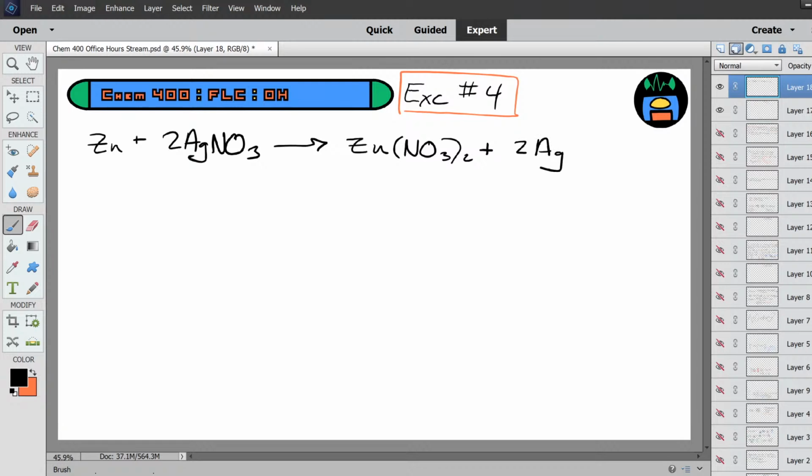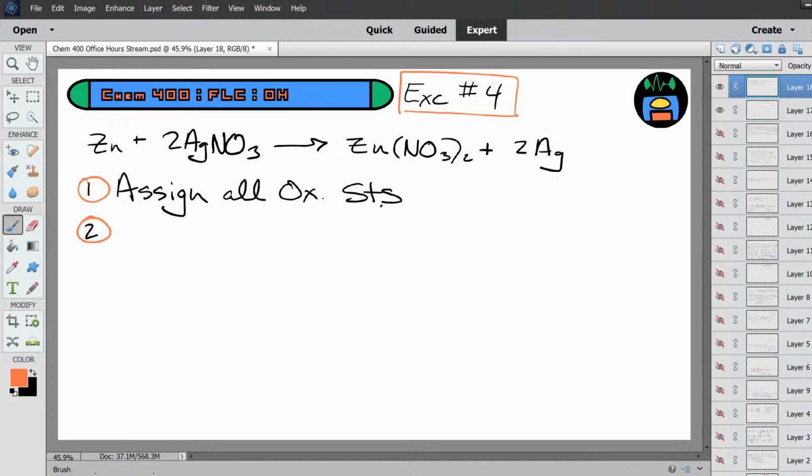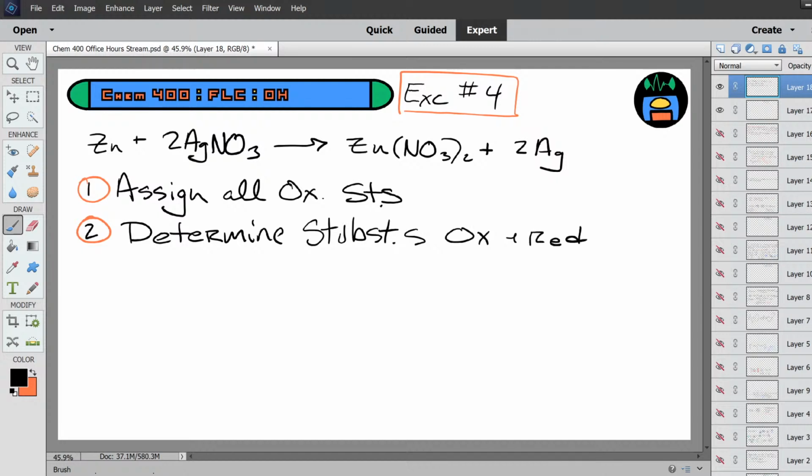All right, and we are going to first assign all oxidation states, second, determine the substances that are oxidized and reduced, and then third, we are going to determine the oxidizing and reducing agents.